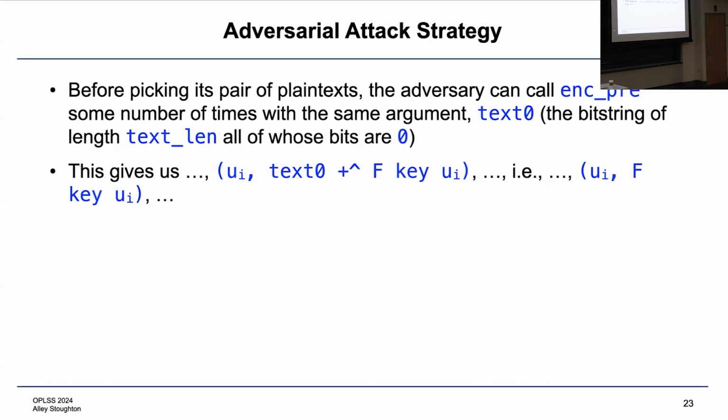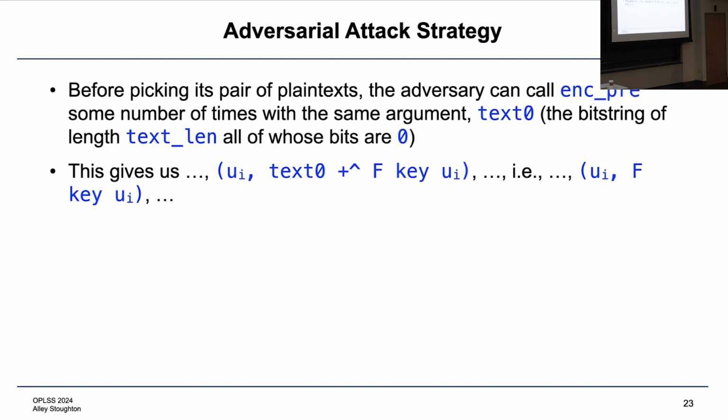So we get a whole bunch of pairs like this, some Ui, and then we're encrypting text 0 with this. But of course, the text 0 just drops out. So we have a bunch of things that look like this, some random Ui and F_key(Ui).